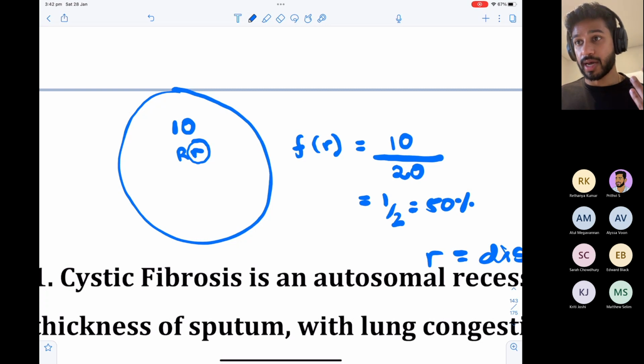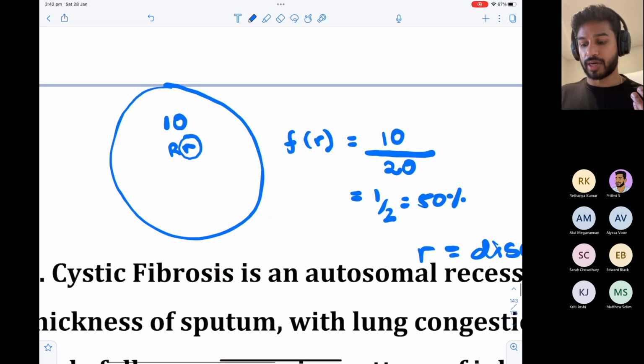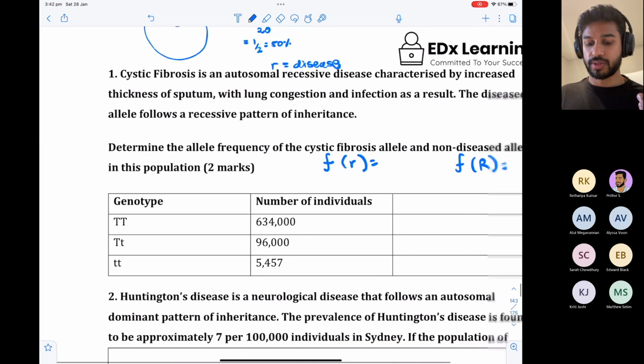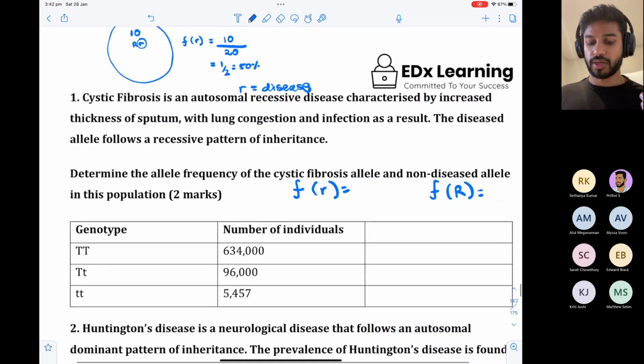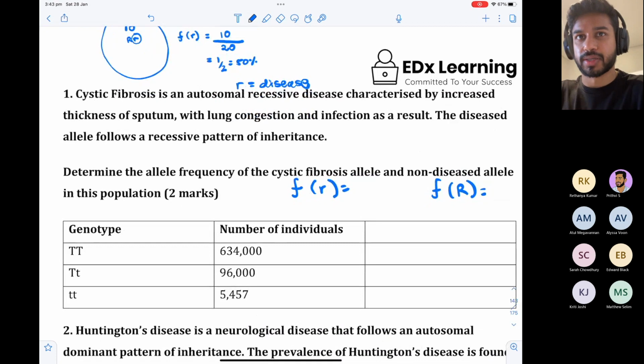Okay, now we're going to jump to the actual question you see here. It's a little bit more complex. There are multiple different genotypes and there are huge populations, but the same principle applies.